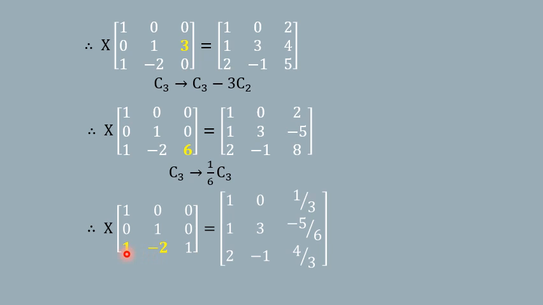Now to reduce this element to 0, just subtract the third column from the first. And to reduce this element to 0, just multiply the third column by 2 and add it to the second column. That means we have to perform these two operations: C1 changes to C1 minus C3 and C2 changes to C2 plus 2C3.